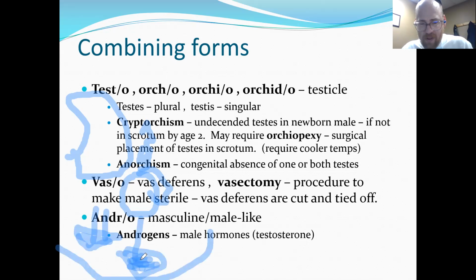Normally, that's what happens in newborns. However, in cryptorchidism, or someone with an undescended testicle, that doesn't happen. The testicle may get stuck in the inguinal canal or never drop at all.